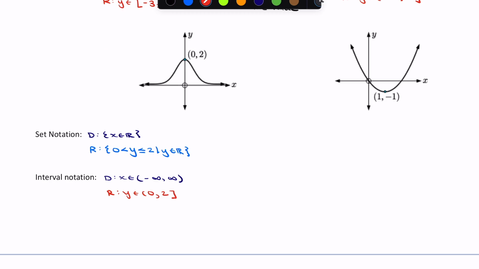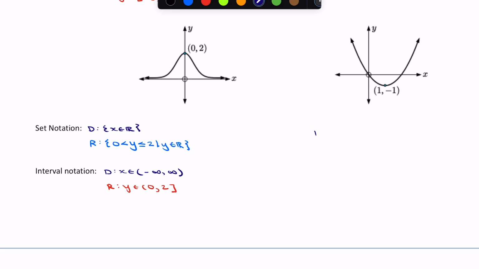And lastly, looking at this problem again, opening up this time though. Here we have a domain: x is an element of real numbers again. Our range in this situation, y has to be greater than or equal to -1, and y is an element of real numbers.